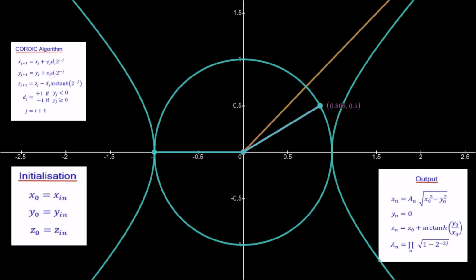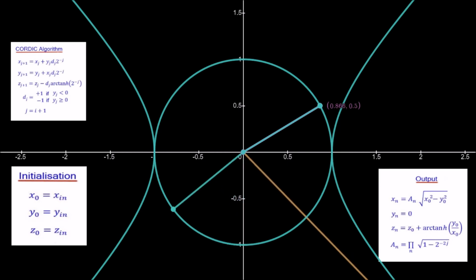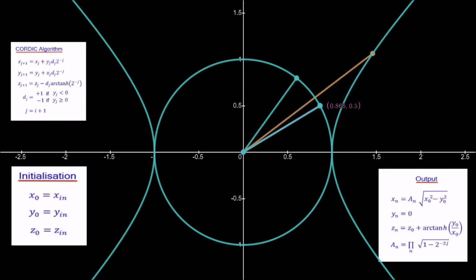And again, when we work round in the minus 180 degrees, it generates the negative values. We've seen that in a previous video when we looked at the basics of the hyperbolic functions. So let's start off with the value for our z0 being z in, which in this case is going to be our 30 degrees.